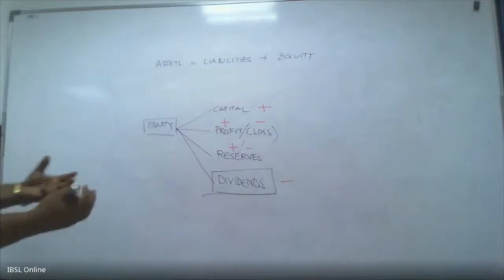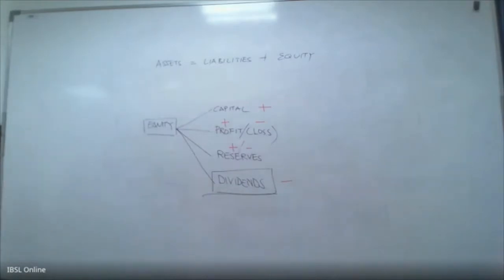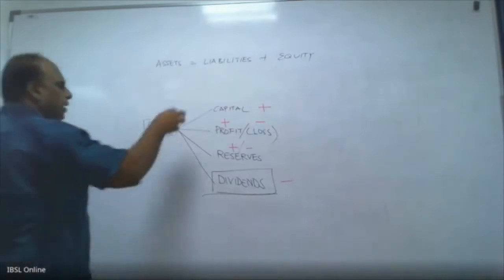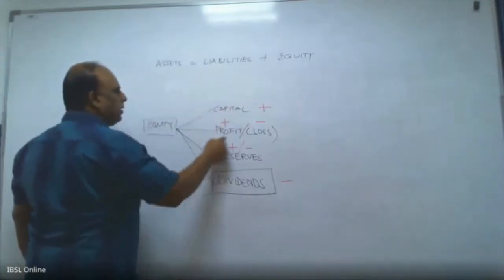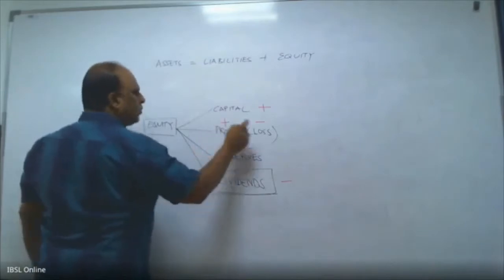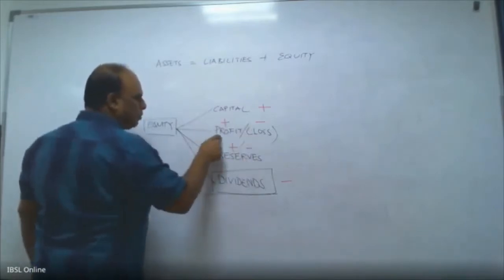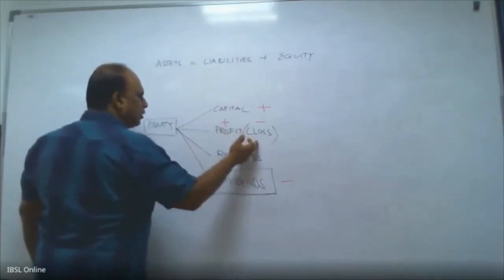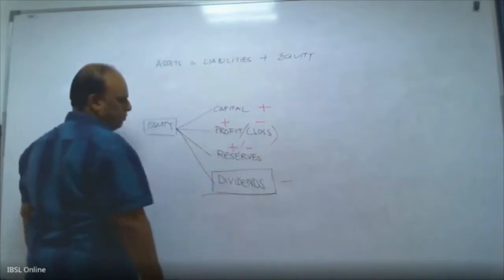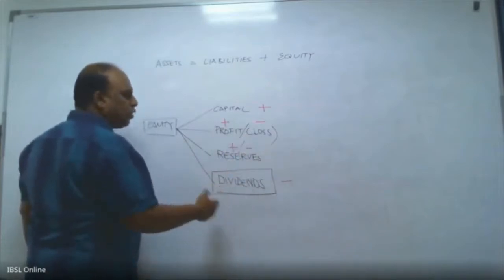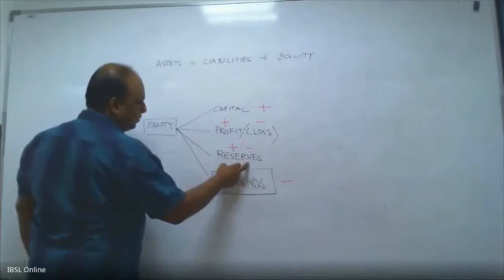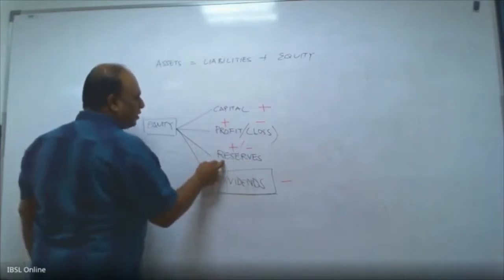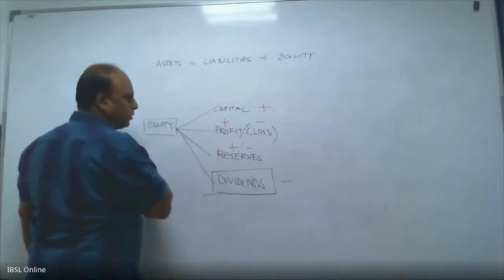So capital means always a positive thing to the organization because that is how the company is being run. But using this capital, what will happen? The company will make a profit or it could end up in a loss. Positive profit means it's a positive thing, loss means it's a negative. While running the business, there could be other reserves created, which again belong to the shareholders.